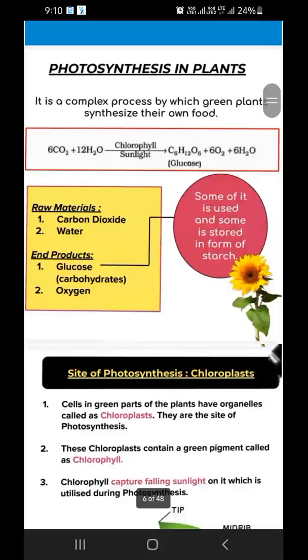The raw materials of photosynthesis are carbon dioxide and water, as we can see in the equation, and the end products are glucose, which is also a symbol of carbohydrates, and the second end product is oxygen. Sometimes glucose is also stored in the form of starch.